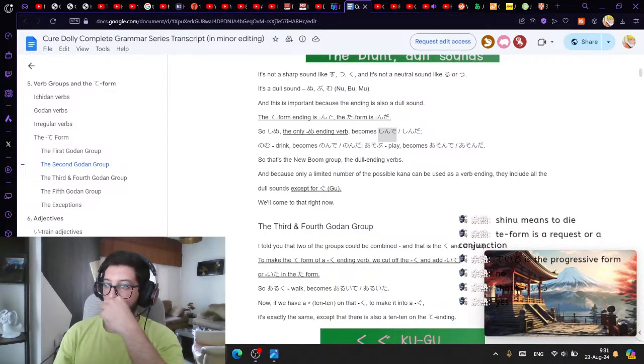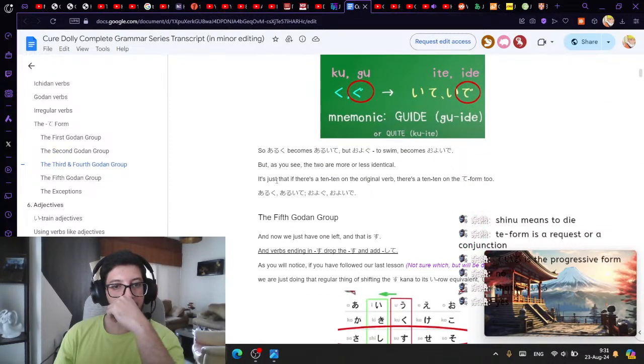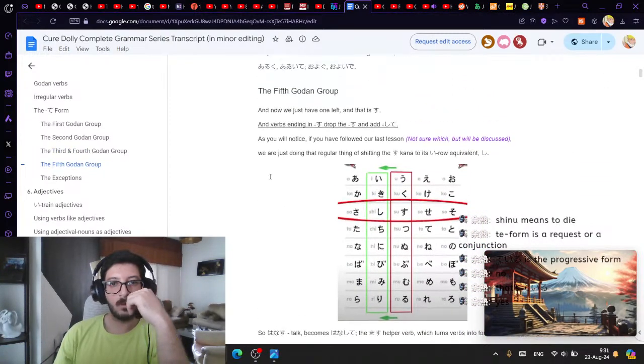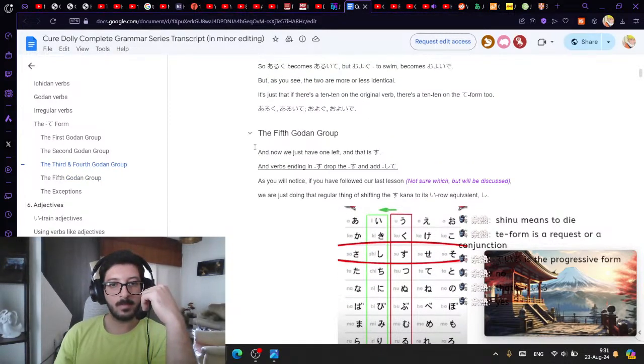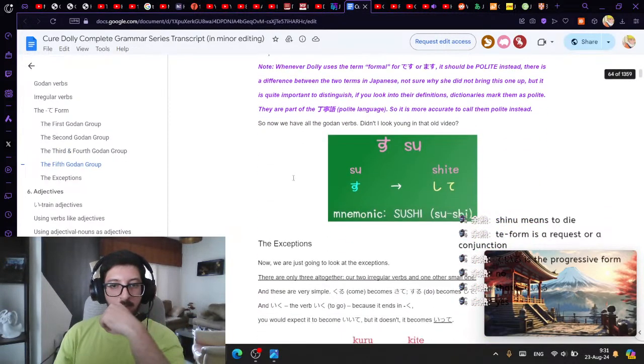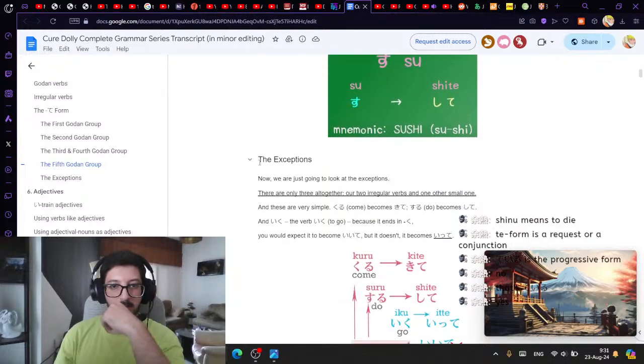When you add the te form, it is a request. Slowly, slowly, we're going to learn. The fifth group we said is exceptions.